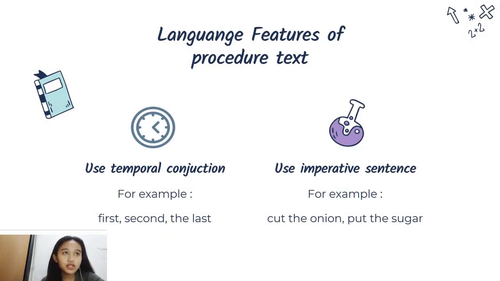There are 5 language features in the procedure text. The first is procedure text uses temporal conjunction such as first, second, or the last. And the second language feature is procedure text uses imperative sentences, for example, cut the onion or put the sugar.